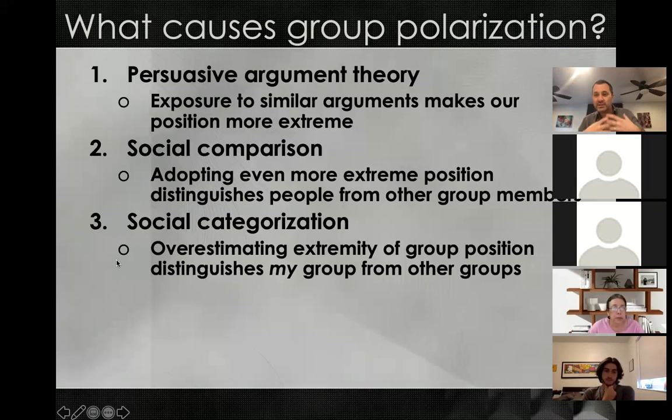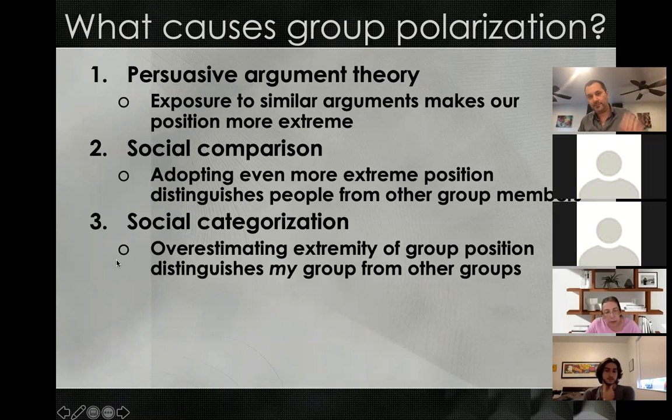And so in order to differentiate my anti-death penalty self from all the pro-death penalty people, I become even more against the death penalty to make sure I'm nothing like that other group over there. So I'm exaggerating my opinion, becoming more pro or more anti-death penalty because I'm trying to differentiate myself from the opposite side.